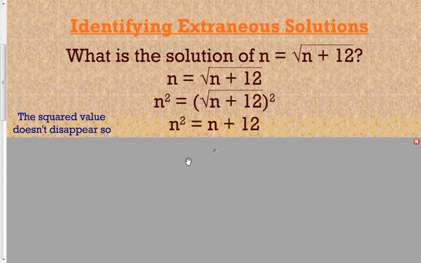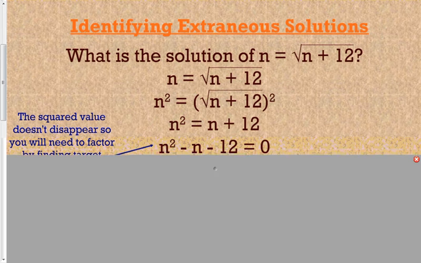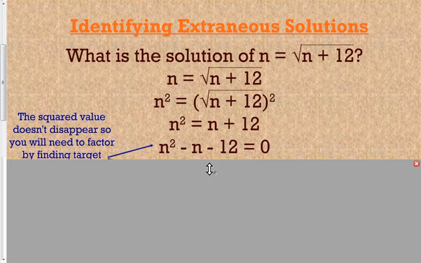All right, now how do you solve that when you have an n squared and an n? Well, we have to make it into a quadratic, like we did last chapter. So we're going to subtract n, and we're going to subtract 12 from both sides. So we have n squared minus n minus 12 equals 0.